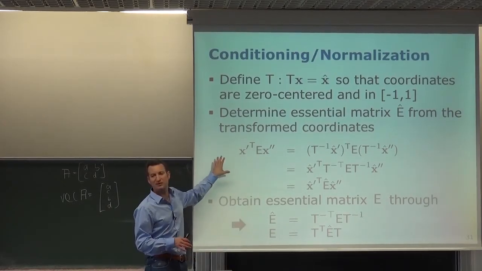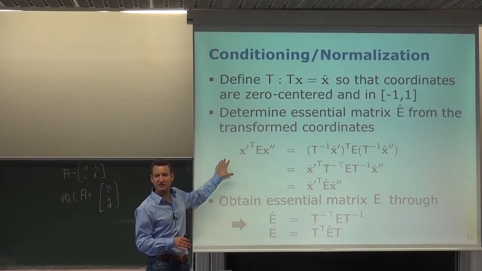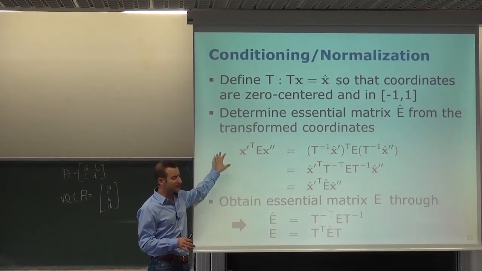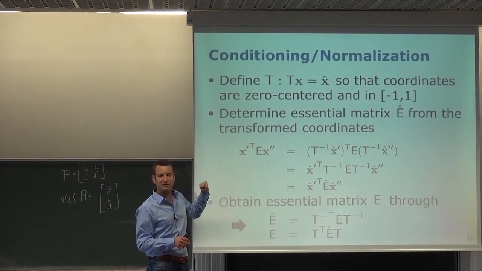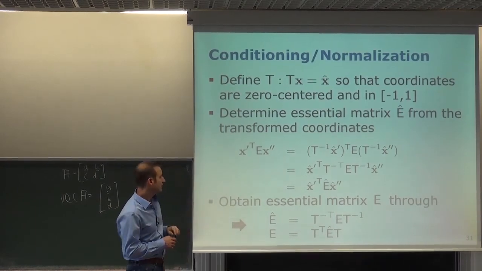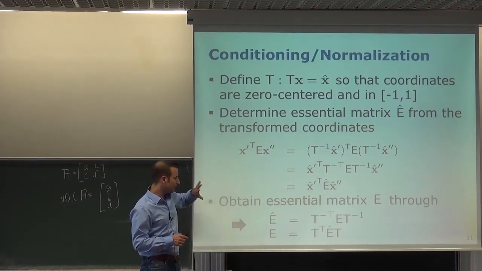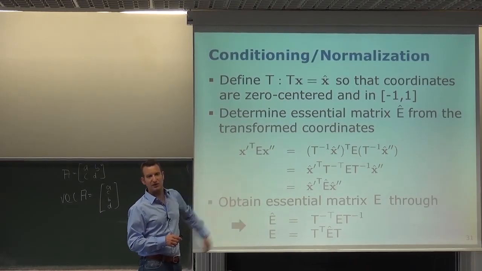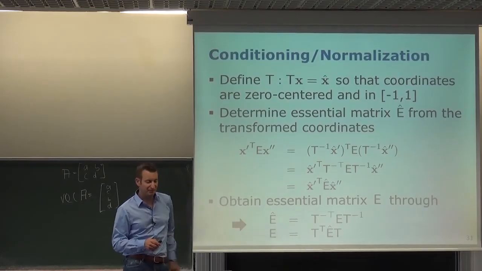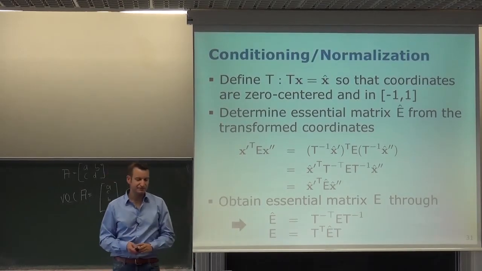I copied it over and I seem to have forgotten to replace the E by an F and the essential matrix by a fundamental matrix. But the rest stays the same in here. So this holds for the essential matrix as well as for the fundamental matrix, it holds for both. Yeah. So sorry, I'm going to fix this slide.